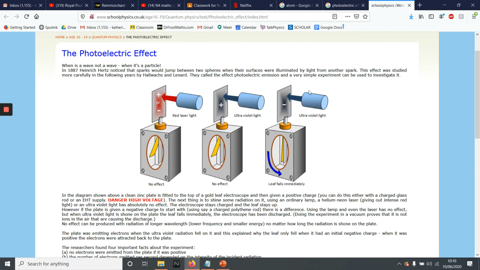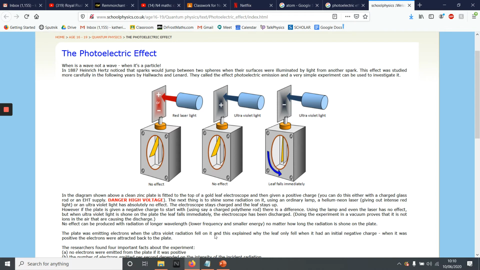And when they escape, this system is no longer charged, because the excess electrons have left. If the excess electrons have left, then you're left with an equal amount of electrons and protons again. So it's just neutral, therefore the leaf falls down. Hopefully that has made sense.